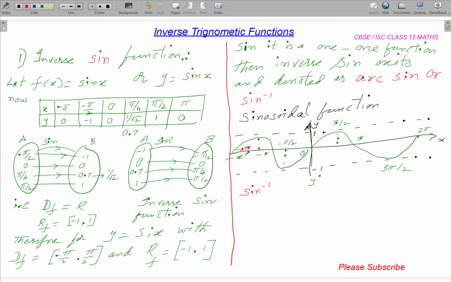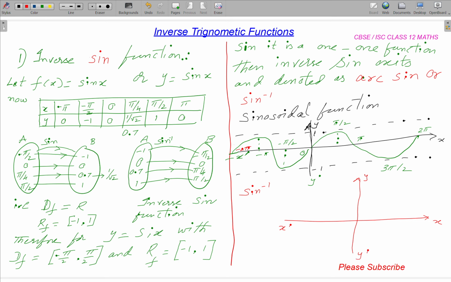Now putting the values on the xy axis, this is the x axis, x dash, y dash.